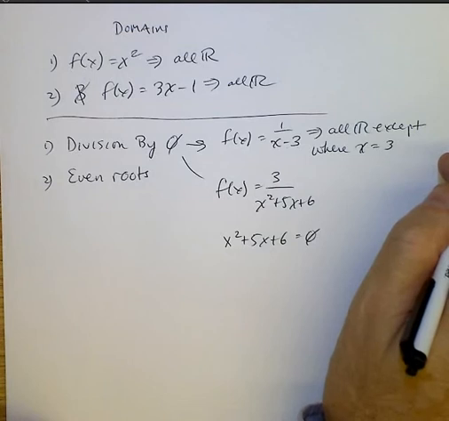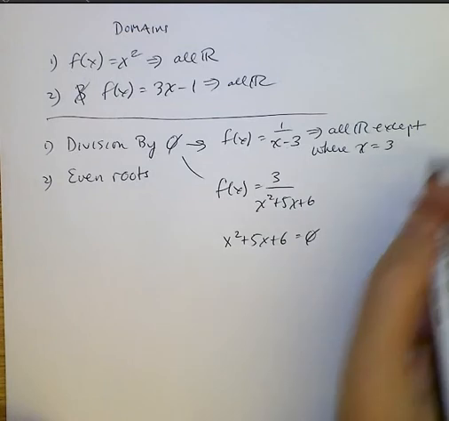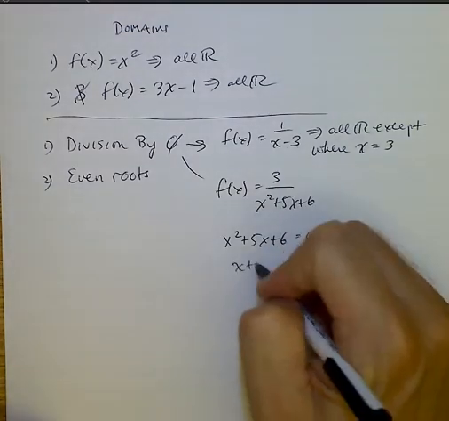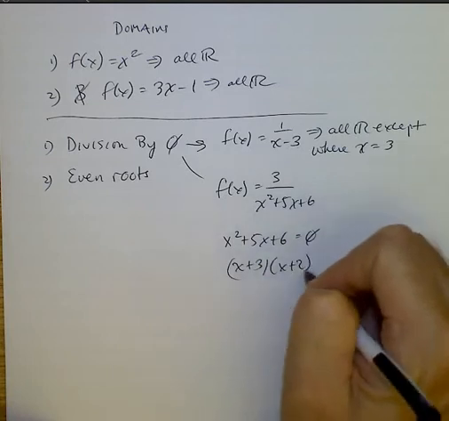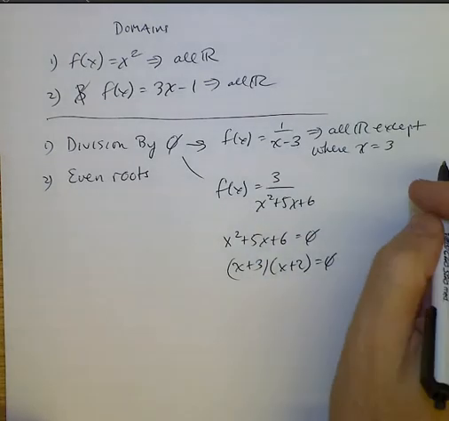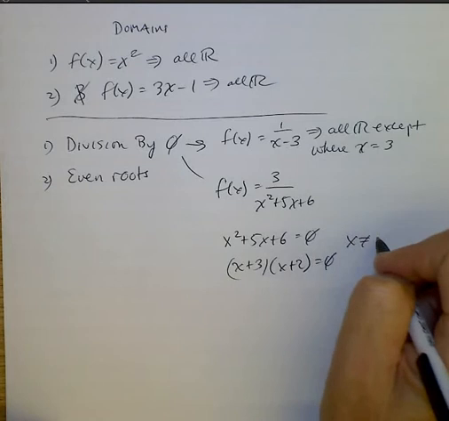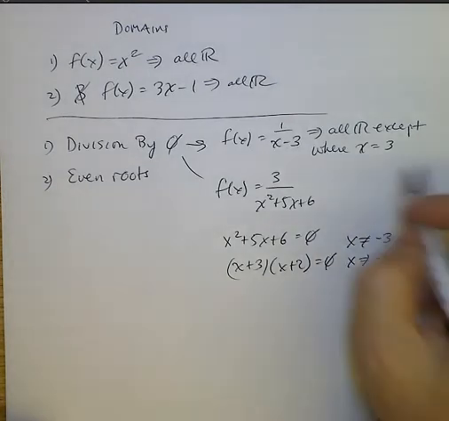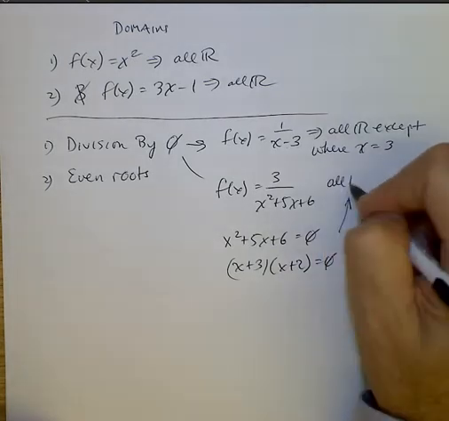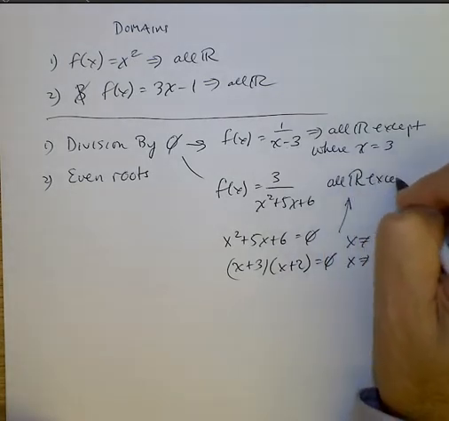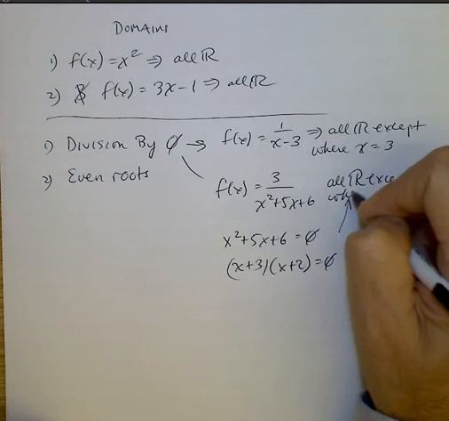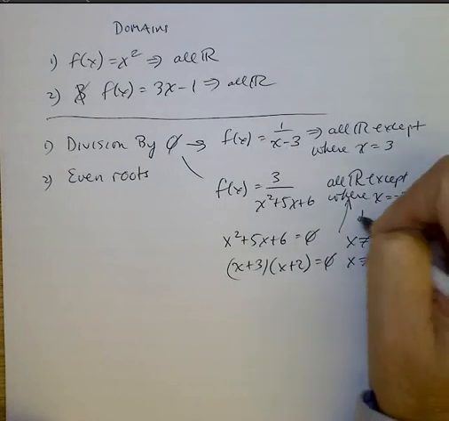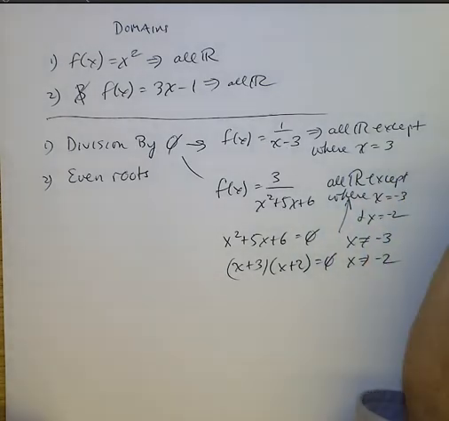If we recall from Algebra 1, the way we do this is we factor, and then we set each parenthesis equal to 0. So x is not allowed to be negative 3, and x is not allowed to be negative 2. So in this case, our answer would be all reals except where x equals negative 3 and x equals negative 2. So division by 0, you got to be on the lookout for.